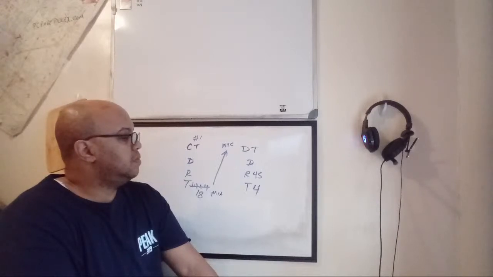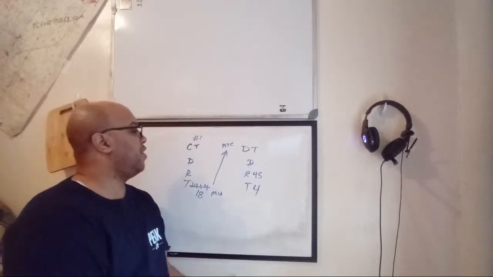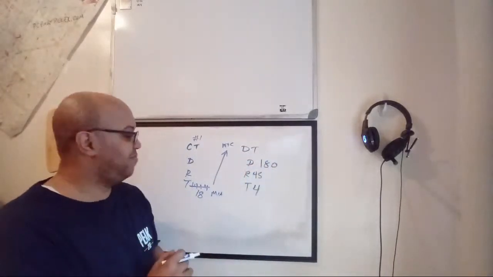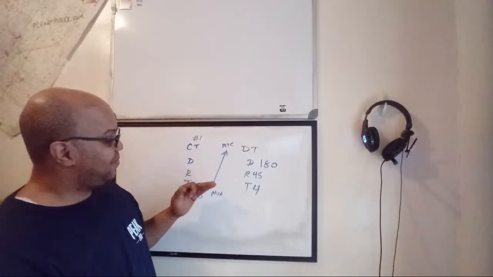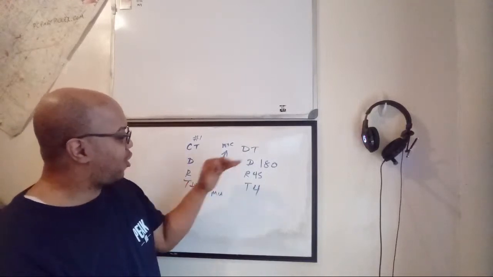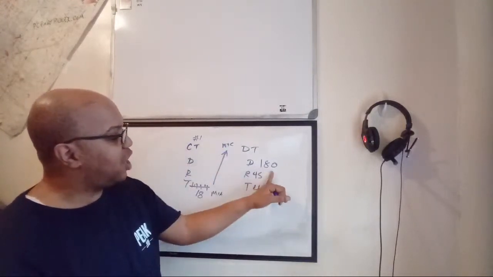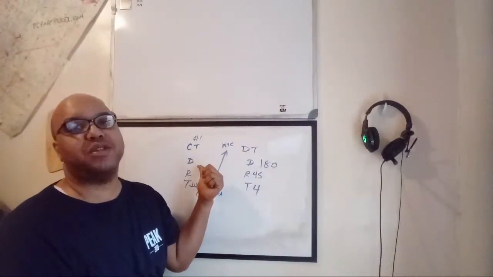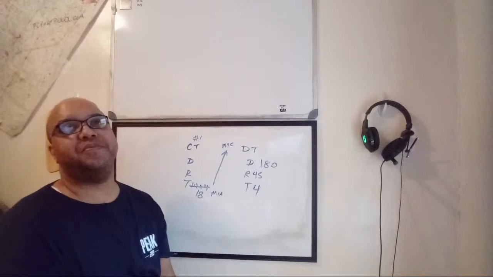I got 180. 180. Very good. 180. Now, if the diesel train caught the cattle train and it ran 180 kilometers, how many hours has the cattle train rolled before it was caught?